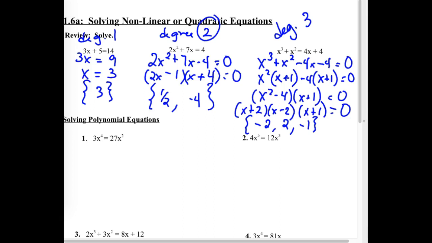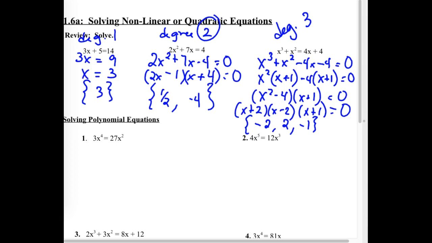Our solutions, if we look at a graph, would show up as x-intercepts. So in my first one, I have a linear equation. It's going to cross the x-axis at 3. On the second one, we had a quadratic, a parabola. It's going to hit the x-axis at a positive 1/2 and a negative 4. Okay?